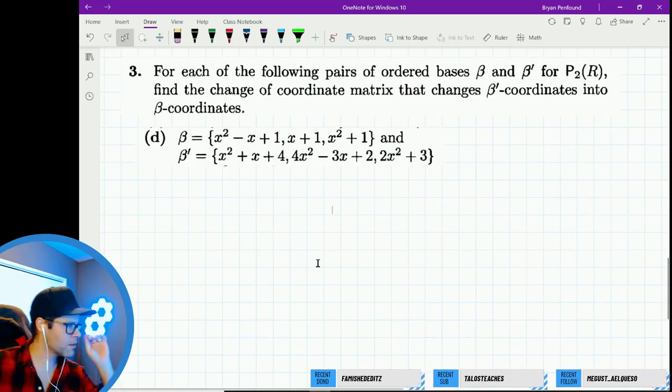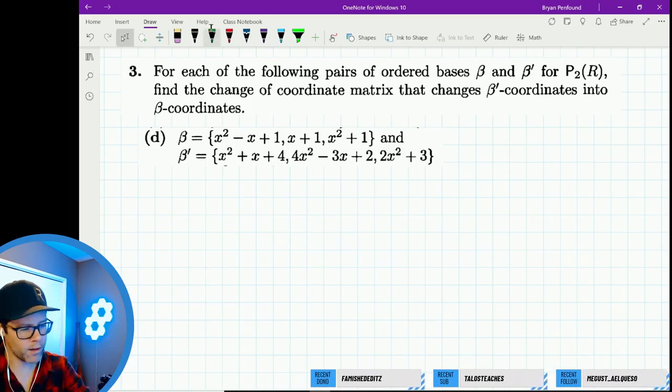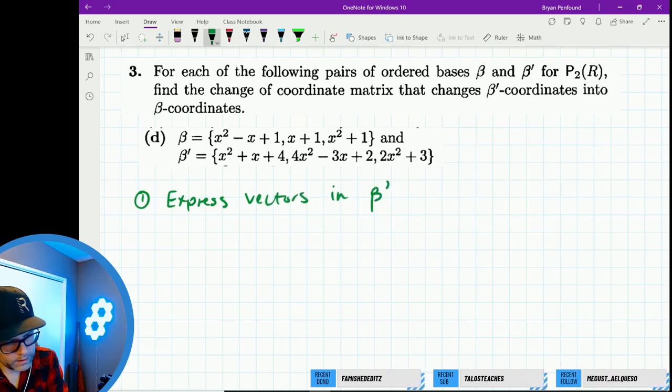Let's make sure we're happy with this. So what were our steps? Step 1 was we needed to express vectors in B prime as linear combinations of vectors in beta.